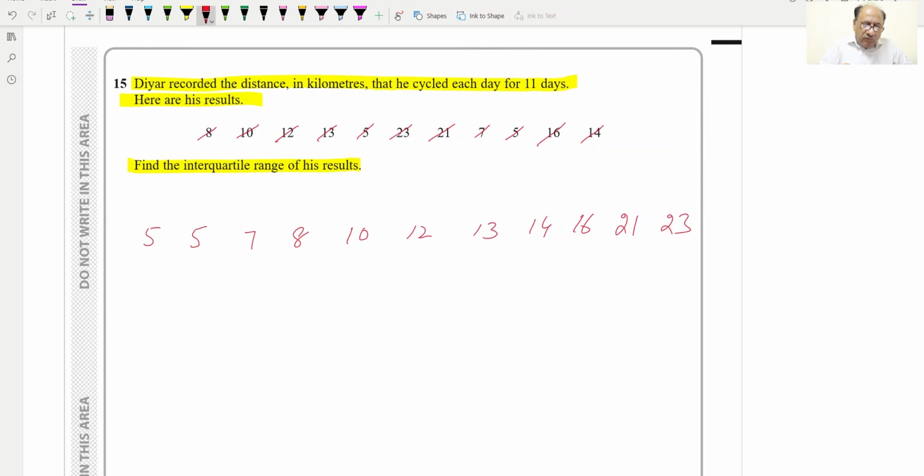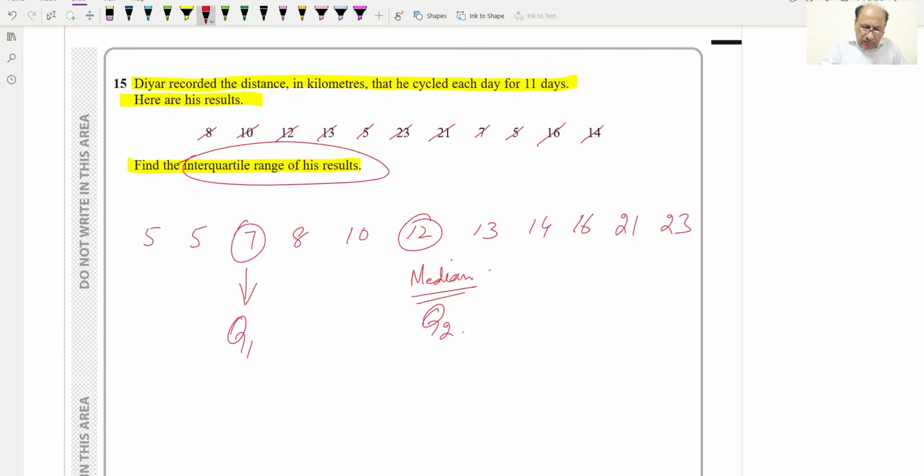Now we need to find the interquartile range. The total is 11, so the middle one will be this one. This will be our median, or we can write this as Q2, and Q1 will be this, and this one will be Q3.